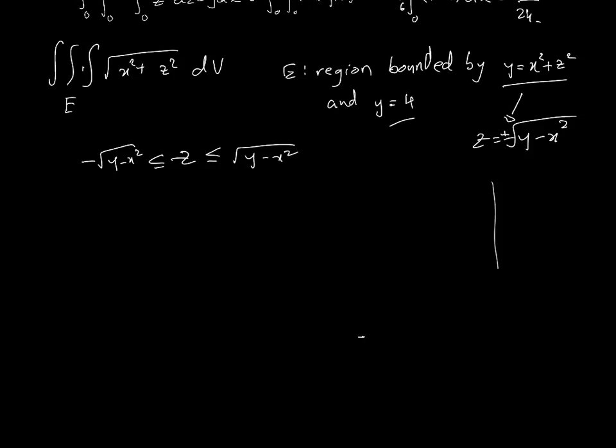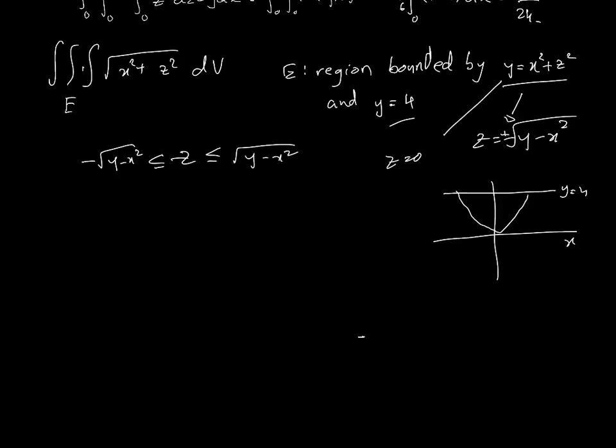Now, in the xy plane, what you're looking at is a parabola. Of course, on the top, you have y equals 4. This is along x. You can get this easily by putting z equal to 0, because we're looking at where it intersects the xy plane.